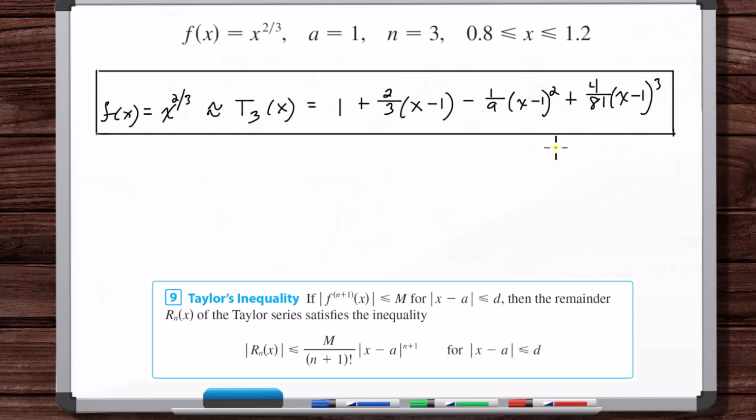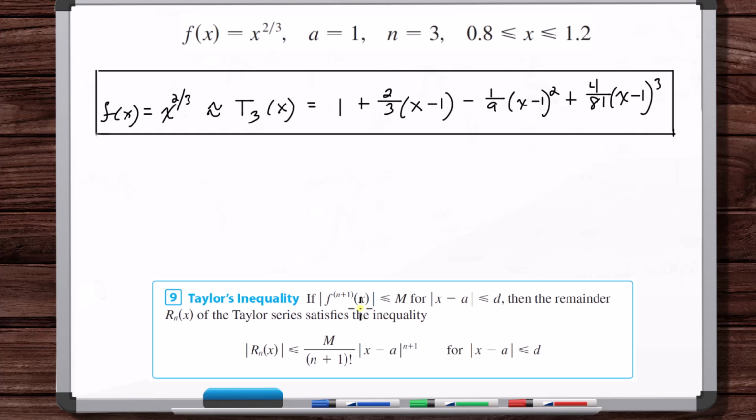Well, we know that the Taylor series, which is equal to the function, this is the full Taylor series, going to the infinite sum, that's equal to T sub 3 of x plus R sub 3 of x. We want R sub 3. That's what we have, T sub 3. If we can get an estimate on the size of R sub 3, that's going to give us the error.